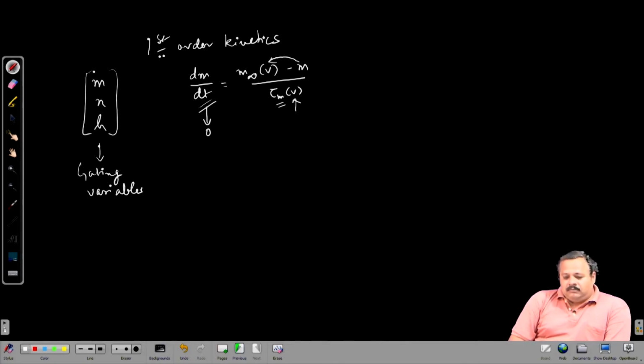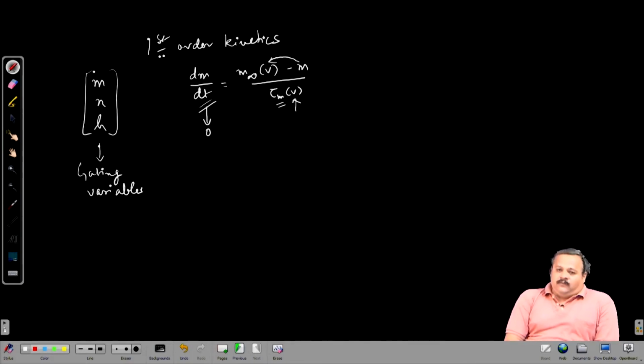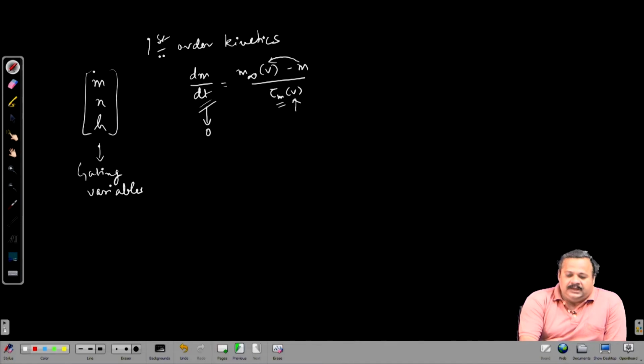And the more complicating factor here is that tau m is also a function of voltage, and m infinity is also a function of voltage. This m infinity V is the steady state value that we were referring to when we were plotting the conductance curves, or the sodium current curves with a voltage clamp, or the potassium n infinity V would be the potassium current curves, that peak value, corresponding voltage, corresponding conductance, and obviously the associated fraction in that case, that is the probability value of n.